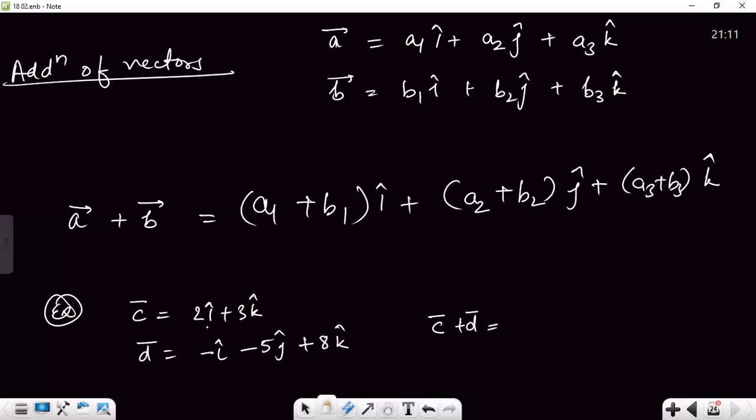Simply add i caps with i caps: 2 minus 1 makes it plus 1 i cap. 0 j minus 5 j makes minus 5 j. Plus 3 plus 8 makes 11 k cap. It is simple. Any doubts?